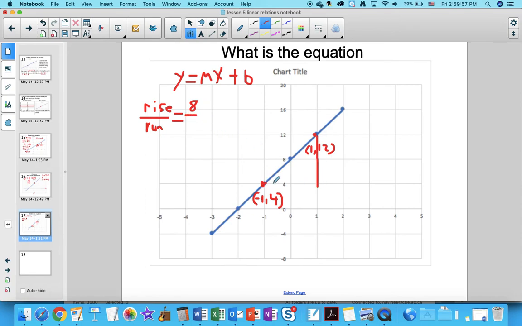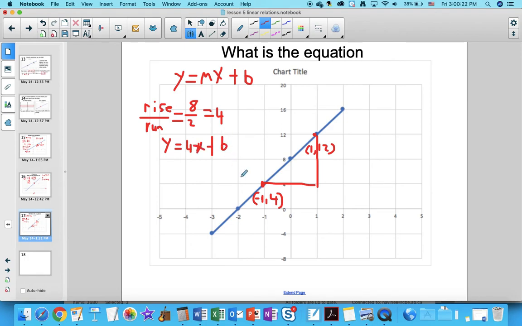Well, how much did I run across by? I went from -1 to 1. So my run is 2. 8 divided by 2 is 4. So now I know my m is 4. So my equation now is y equals 4x plus b.